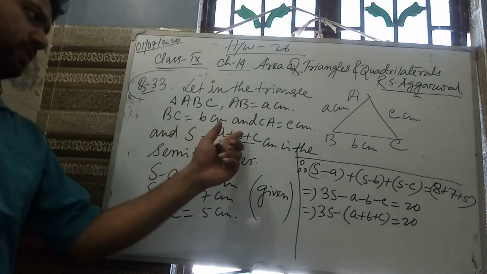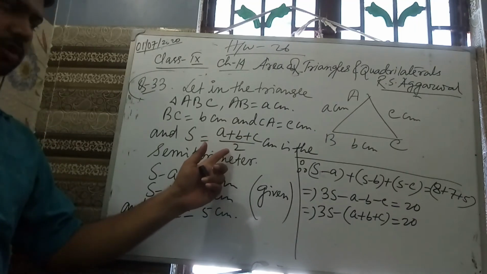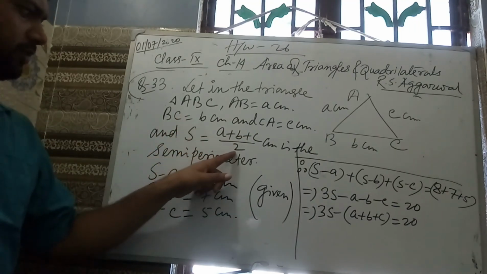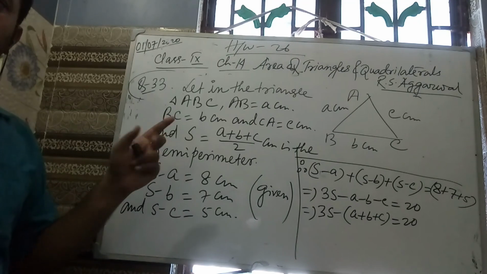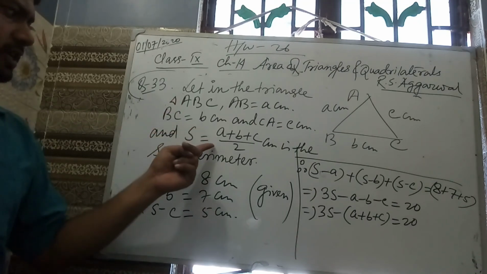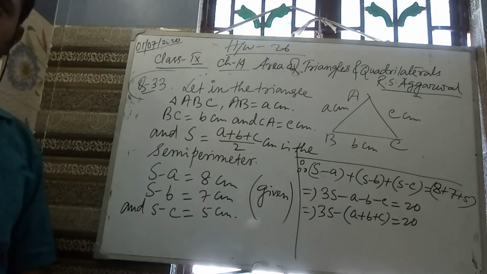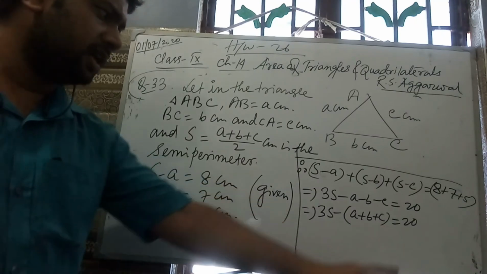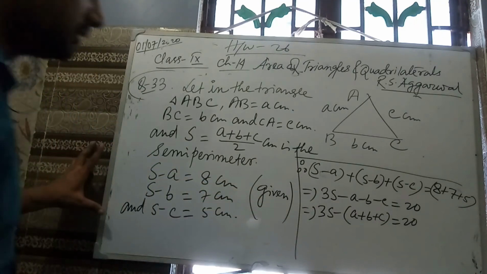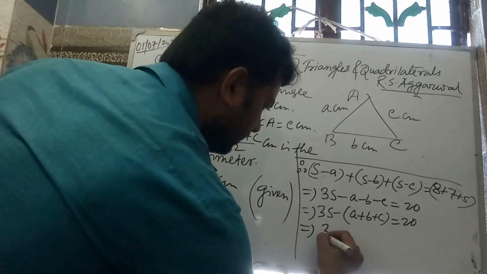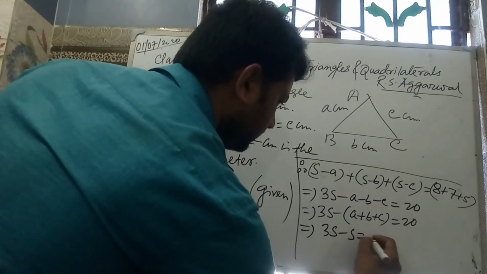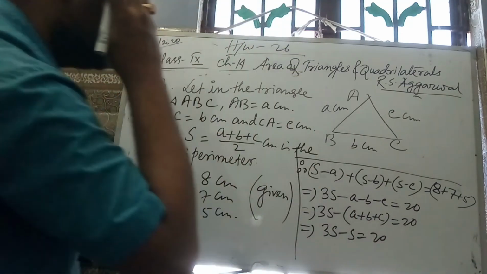Semi-perimeter equal to a plus b plus c by 2, so twice s gives 2s equal to a plus b plus c. So instead of a plus b plus c, we are writing 2s.